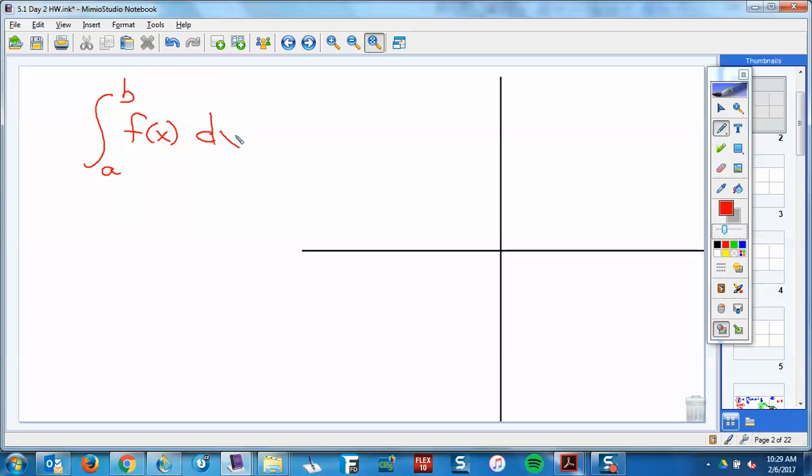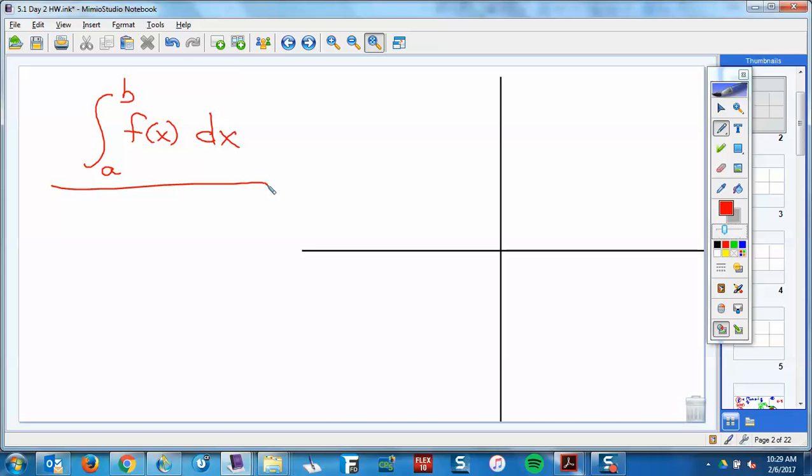Now, I will say this. For us right now, if we're going to find this value, keep in mind this is nothing but a number. Just like f prime of 2 is a number. It's the slope of the function at 2. A definite integral is just a number.